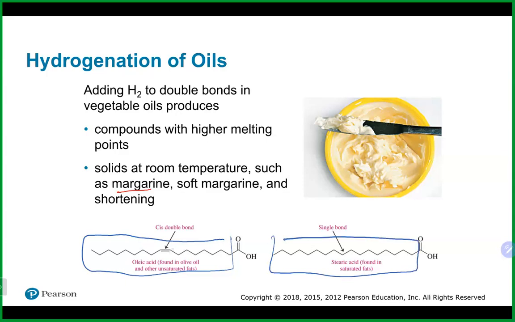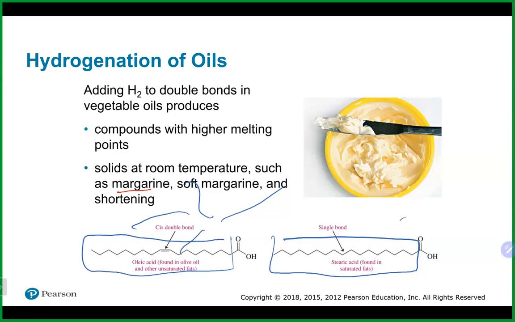When you get a bunch of double bonds together and a bunch of these molecules together, they really can't sit nicely with each other. So they go all over the place and they don't pack together tightly.